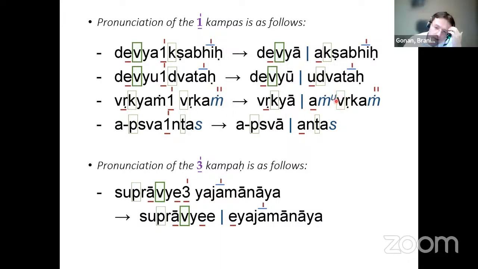We haven't actually touched here this special pronunciation of the nasalized sound between v and y. So when we have anusvara before v and y sound, it should be chanted as a more nasalized sound. So anvrkam. So it's not amvrkam, but anvrkam. Yeah, now it gets really complicated.